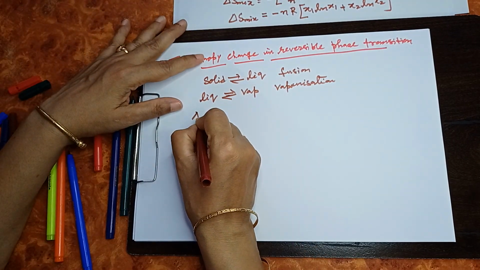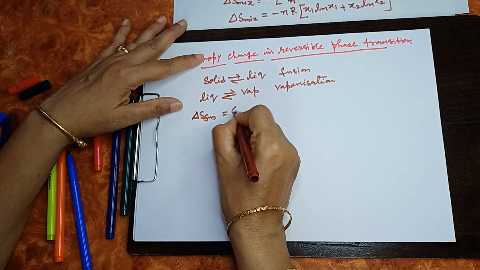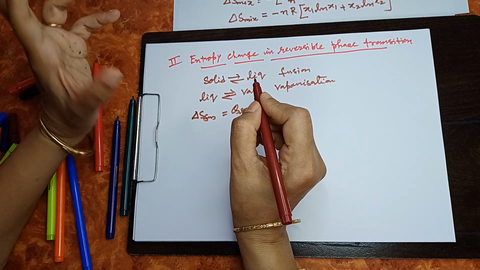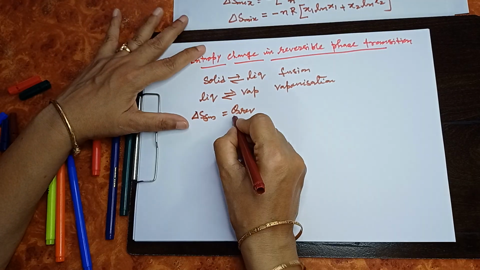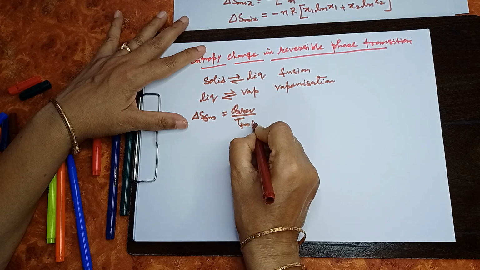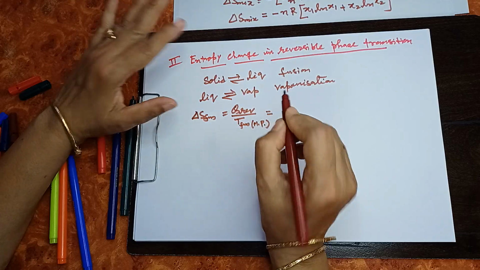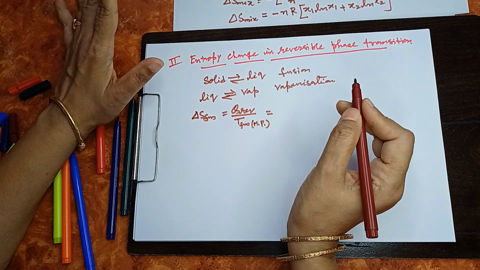So the entropy change during fusion will be equal to Q reversible, that is the heat absorbed at constant pressure reversibly, divided by the temperature of fusion, that means the melting point. And from the first law we know that heat absorbed at constant pressure goes to increase the enthalpy.